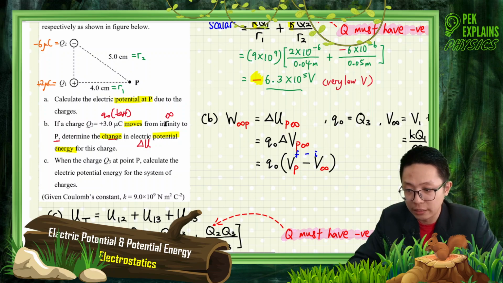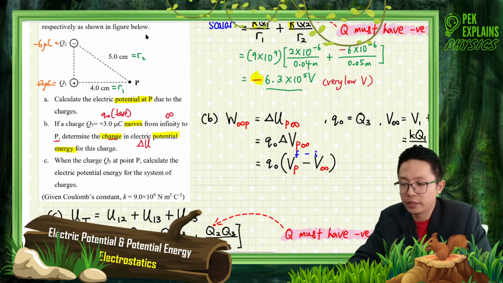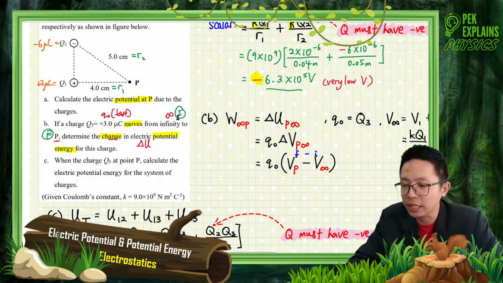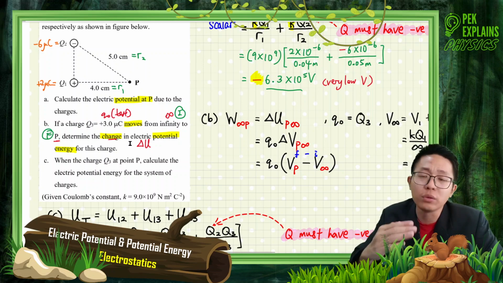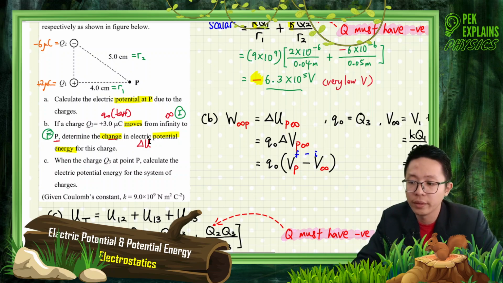from infinity. Infinity is the initial, and P is the final. So work done to bring the charge from infinity to point P. If you want to find the change in potential energy for this charge, we always take final minus initial.